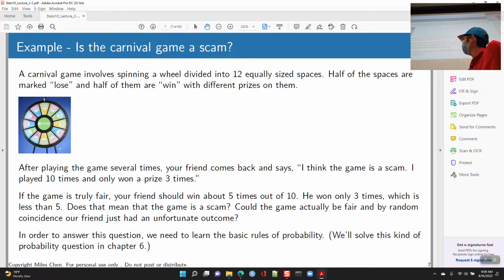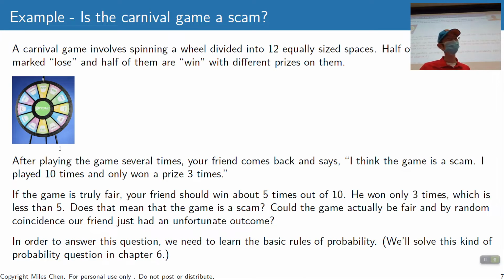Let's say your friend plays the game 10 times, comes back and says, I only won 3 times out of 10. I think the game is a scam. What do you guys think? If the game is fair, we should win half the time, and if you play 10 times, you should win around 5 times out of 10.